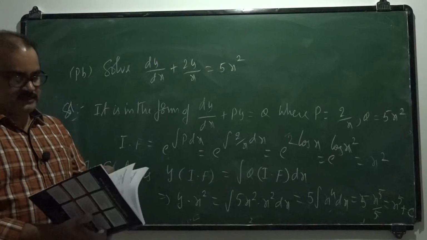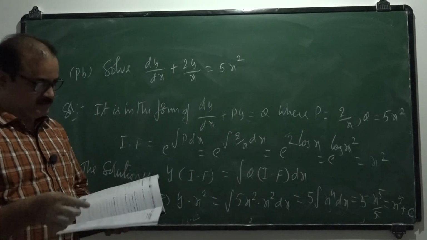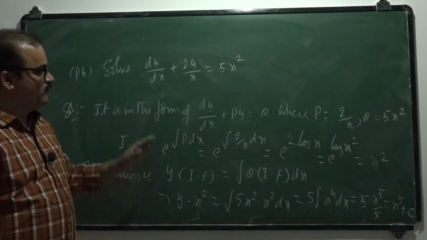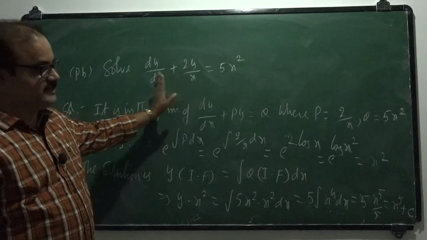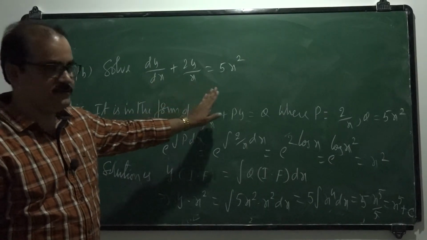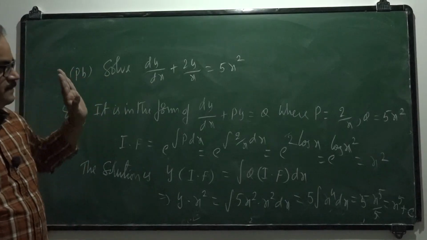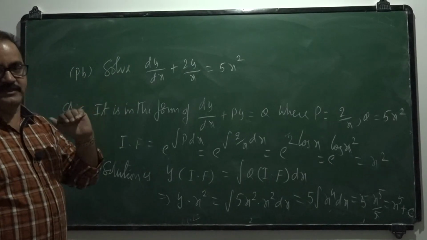Here we discuss three methods to solve the differential equations. First one is variables separable method. If possible, separate the variables x and y, and on integrating we get the solution. That is first method. Next, homogeneous equation.